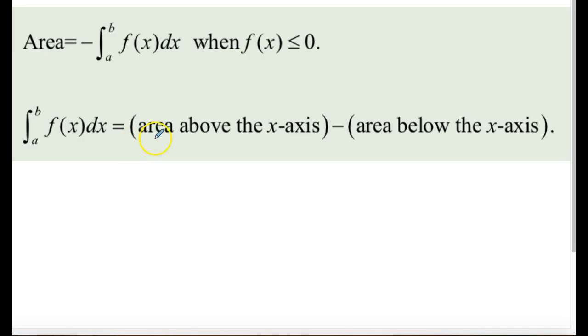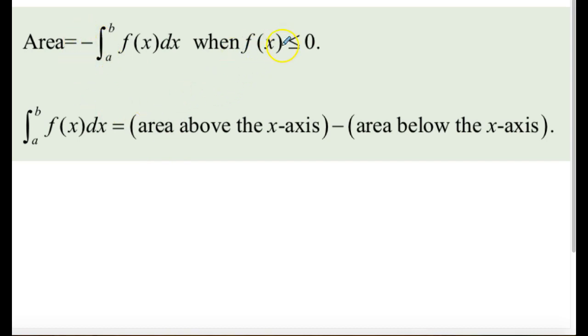Now, let's jump to this idea. Everything we've done so far, every example, our curve has been above the x-axis. Whenever our curve is above the x-axis, the area between the curve and the x-axis is positive. If my curve ends up below the x-axis for some part that I'm interested in, we say that that area is negative.